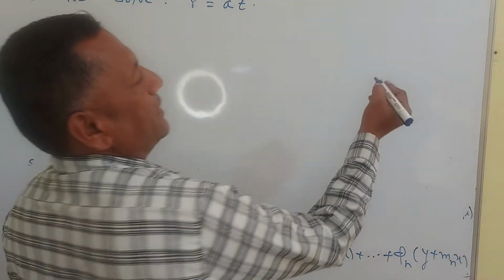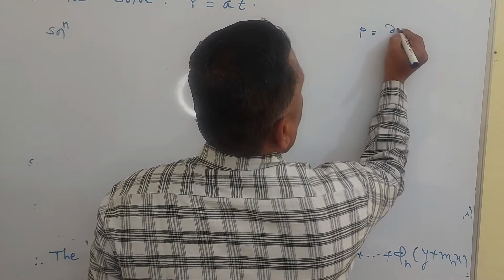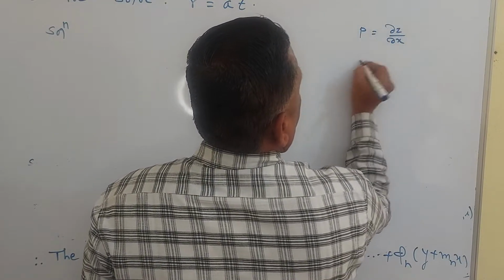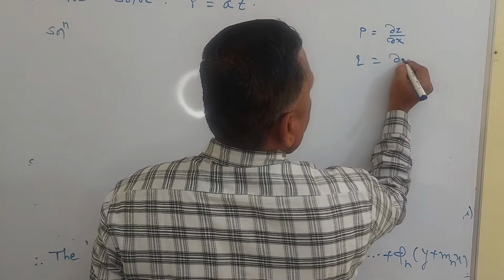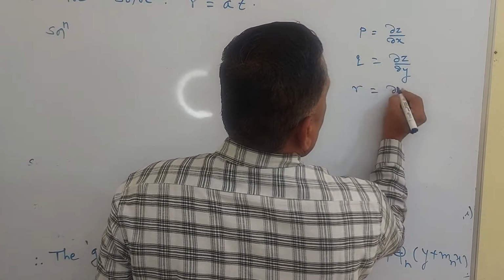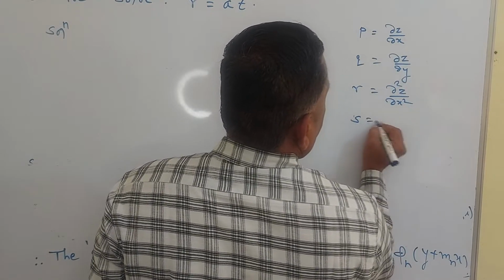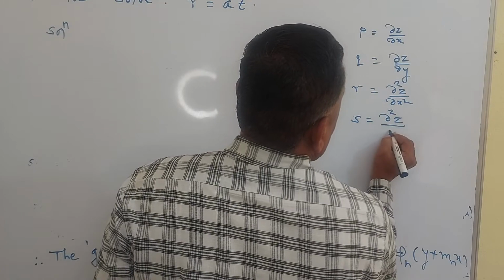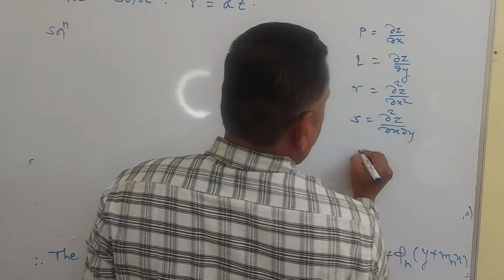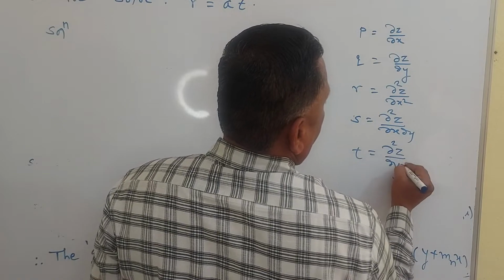Now already you know what is p. p means dou z by dou x. q means dou z by dou y. r means dou 2z by dou x square. s means dou 2z by dou x dou y. And t means dou 2z by dou y square.